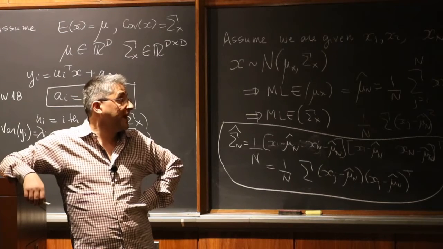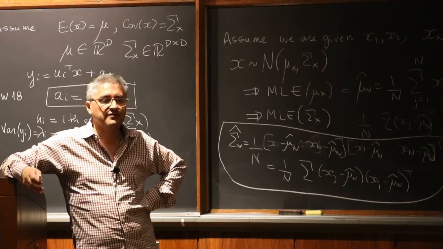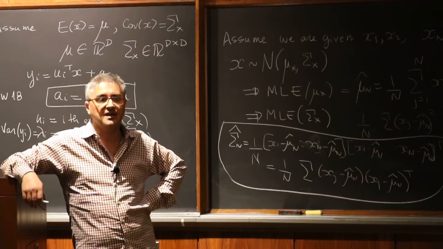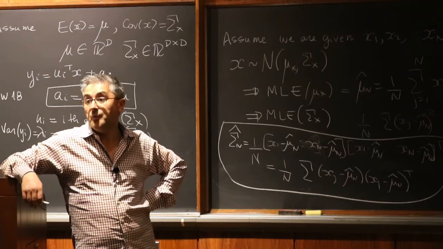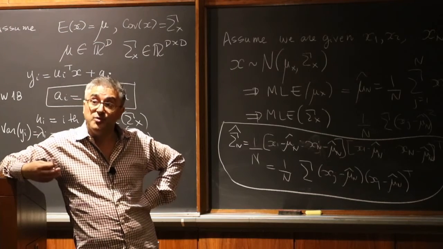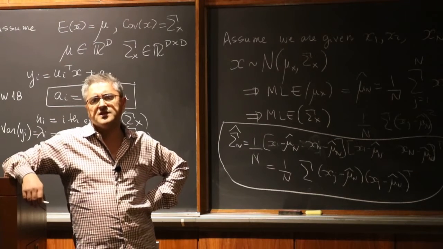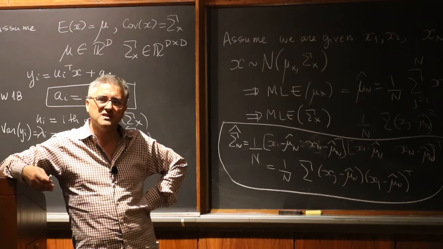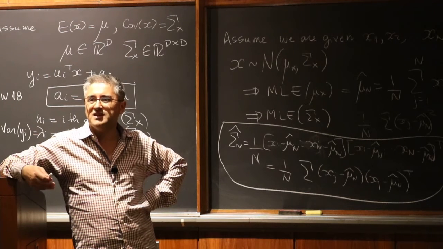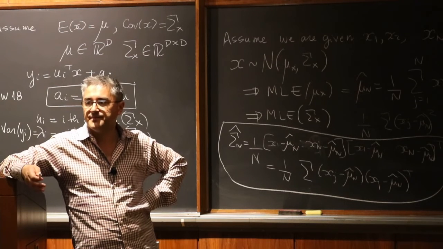In particular, the number of examples may not be that many. In fact, this is very common in medicine. I give you an MRI scan, but I have only 100 patients. Now I have a data matrix that is 1,000,000 by 100, but the covariance needs to be 1,000,000 by 1,000,000. So you will start thinking, should I really compute the eigenvectors of a matrix that is 1,000,000 by 1,000,000? Or shouldn't I figure out a way to do it from the data itself, which is only 1,000,000 by 100?